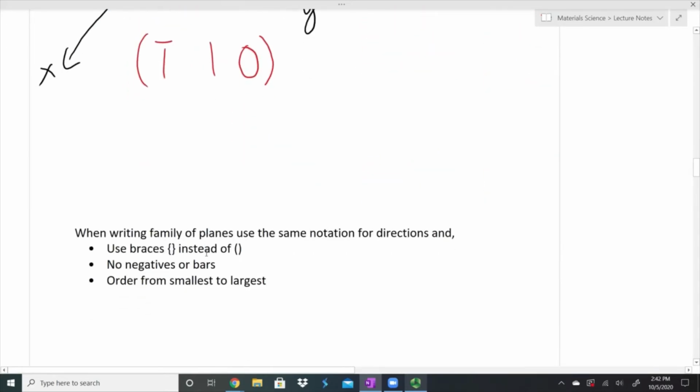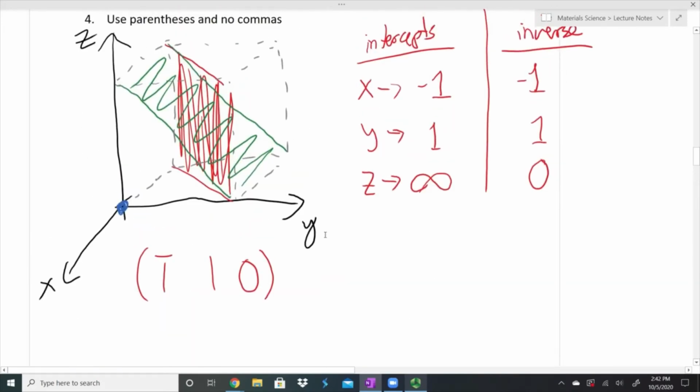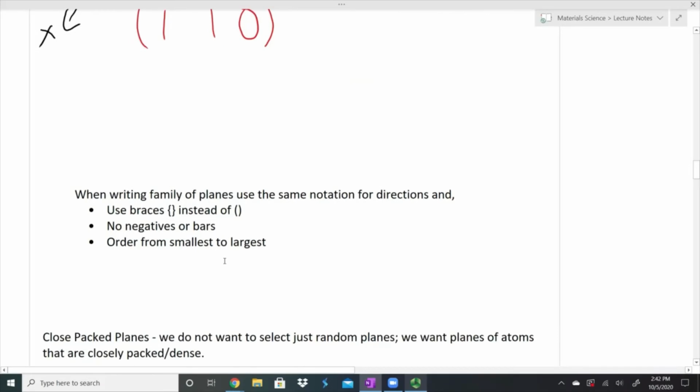So we have a way of writing a family of planes. We're going to take a plane that we've come up with, and we're going to change a couple things. Number one, we're going to use braces, or curly brackets as they're sometimes called, instead of parentheses. Again, we're not going to include any of our negatives or bars. We're just going to make sure everything is a whole number.